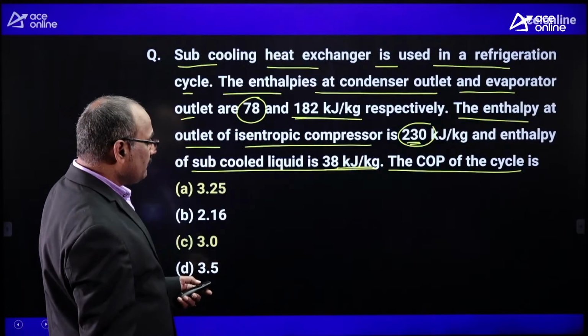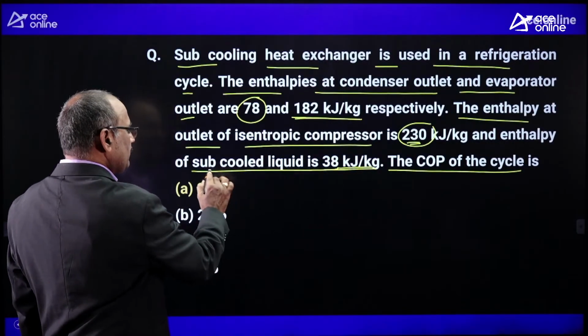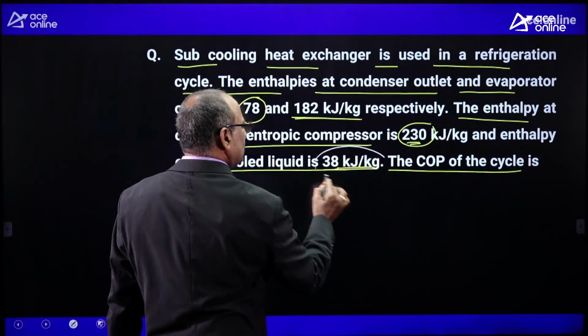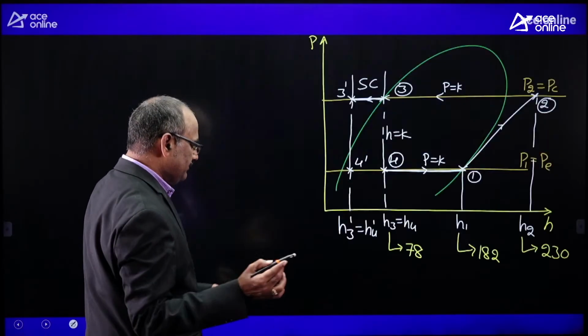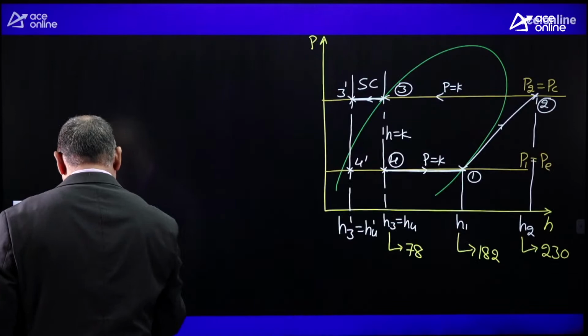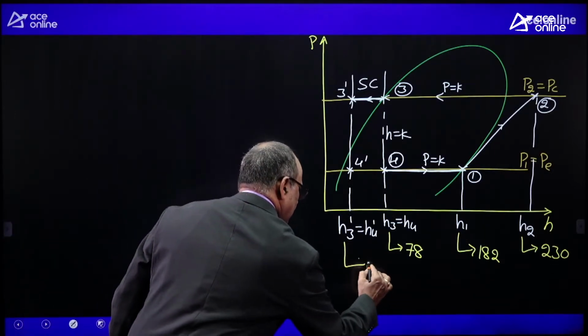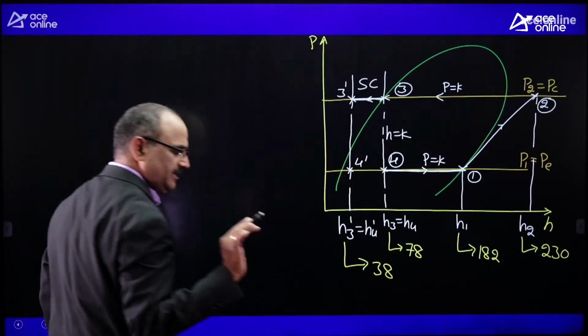The enthalpy of the subcooled liquid after subcooling is 38 kilojoules per kg.